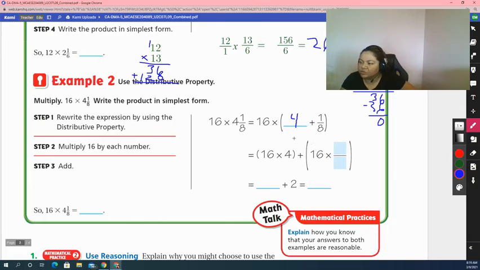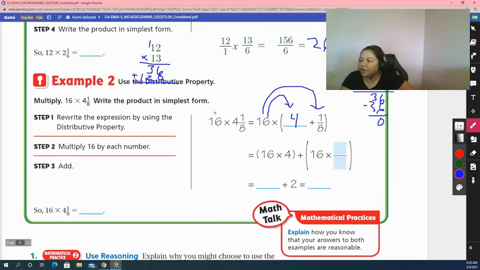Now when we apply the distributive property, what we're going to do is add the products. So I'm going to multiply the 16 times 4, and then I'm going to add it to the product of 16 and 1/8. That's what the distributive property does. I multiply 16 by each number.